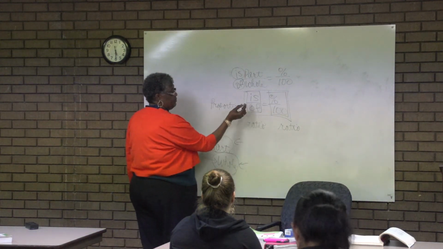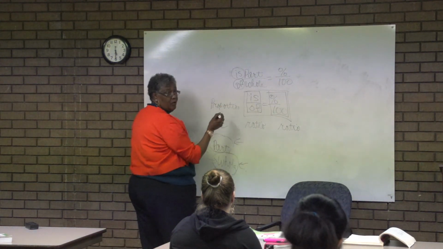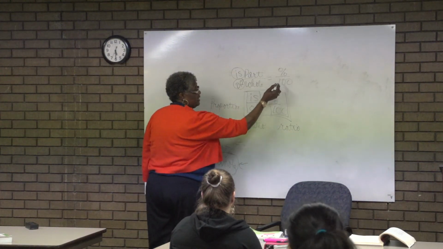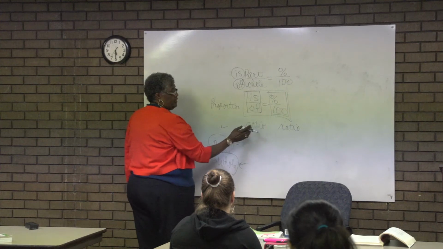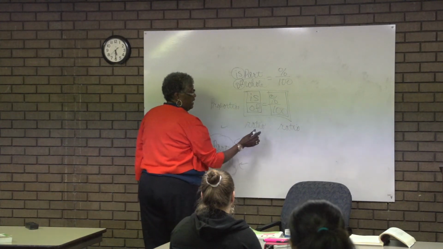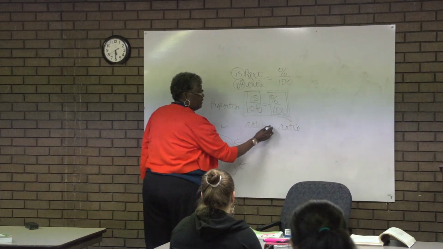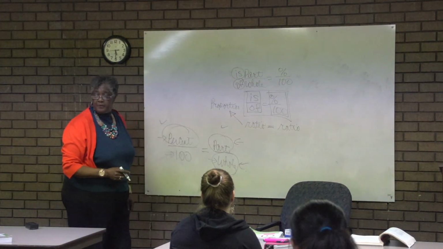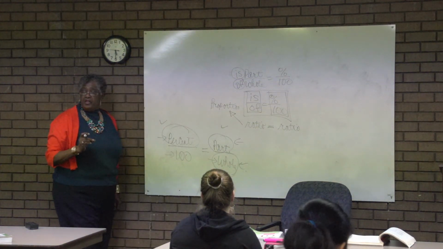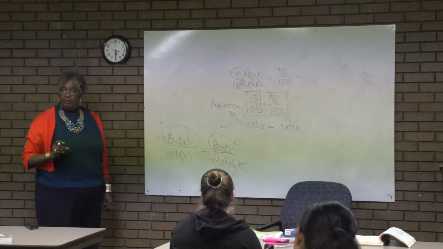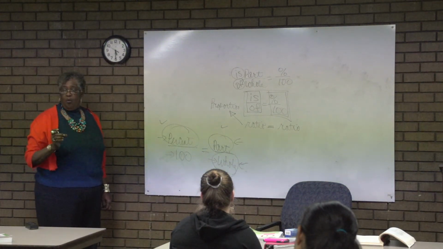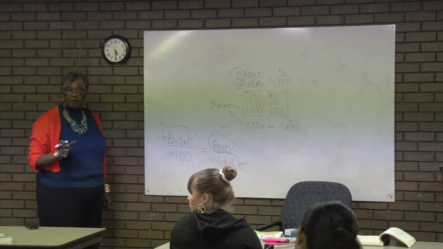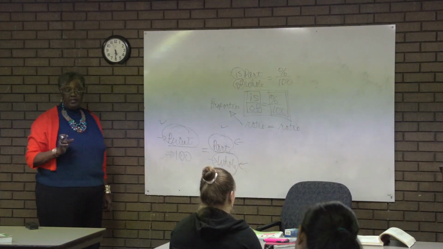There's a relationship between the part and the whole. There's a relationship between the percent and 100. These are called ratios. When we have two equal ratios, we have a proportion, okay? The good thing about ratios and proportion is that once you can set up a problem into a proportion, you can always get the right answer.